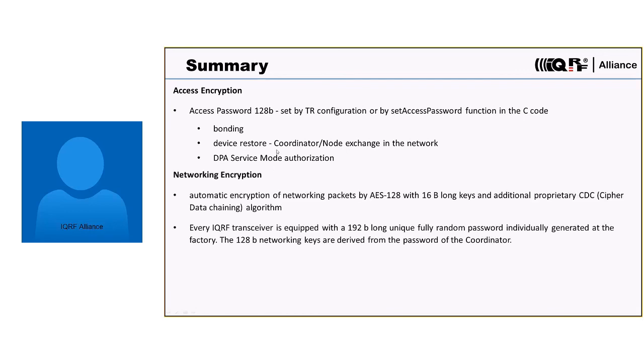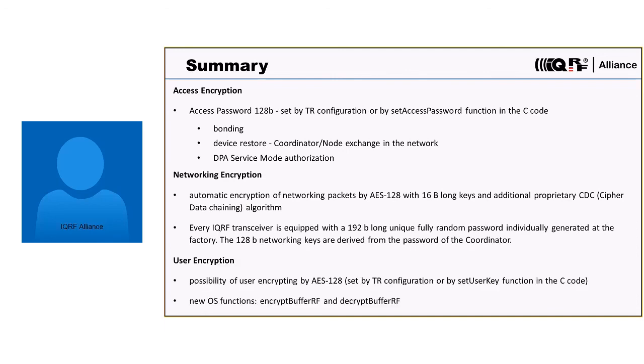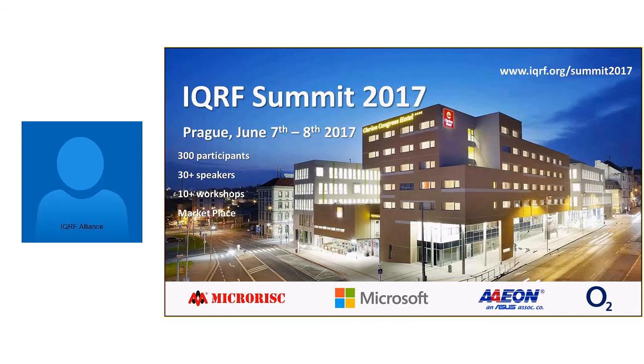Also, the networking communication is completely encrypted by AES-128, and also you can encrypt your own data. Okay, so this is basically very briefly the summary about the security, which is now integrated in the operating system. And please just let me know if you have any questions regarding that.